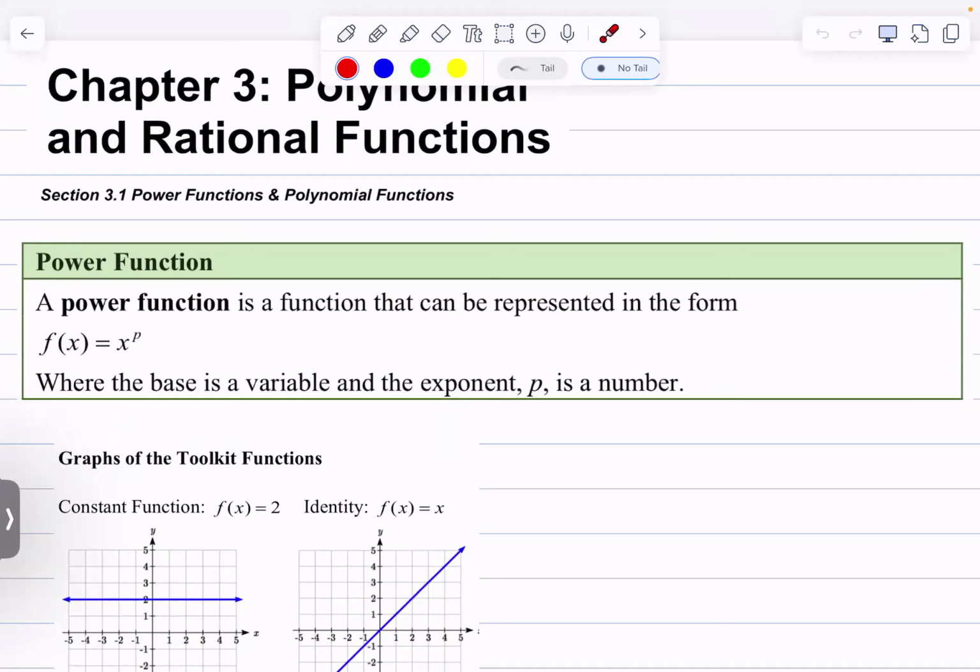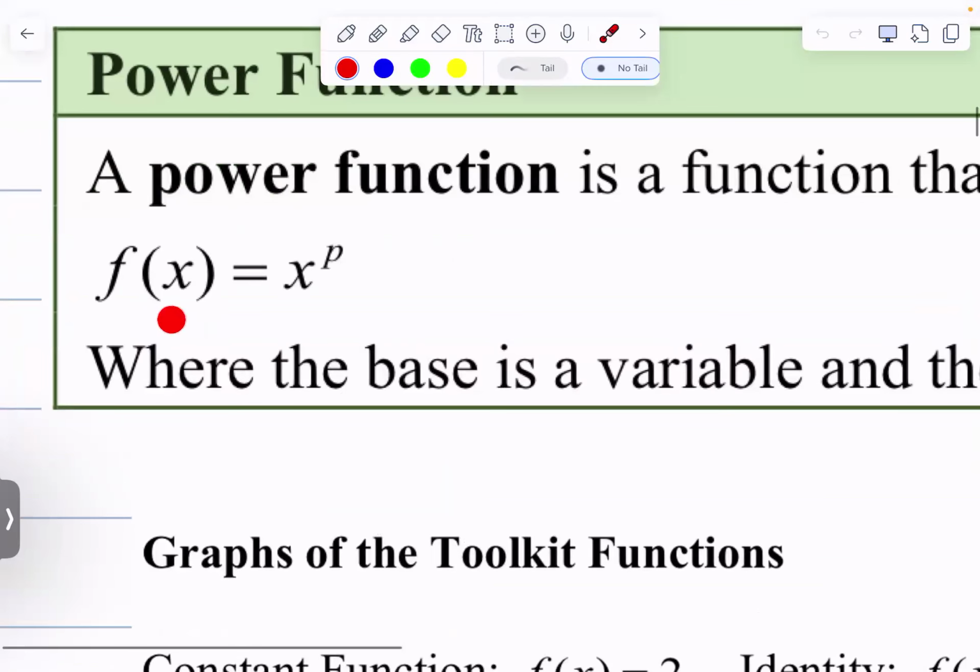Power functions are anything of this form. So if you have f of x as x to the power of p, notice that x is down here. In the next chapter, we graduate to having the x in the power, a little bit more complicated, exponential functions, but for power functions, the x is down here just in the base.